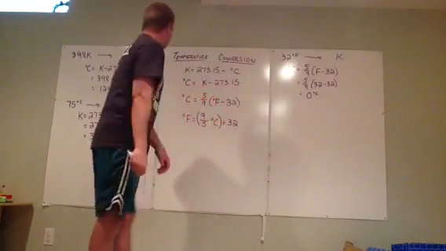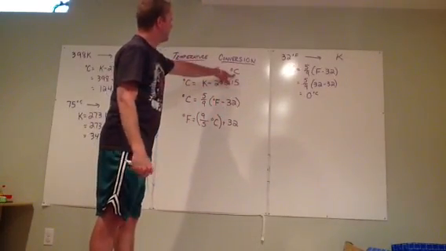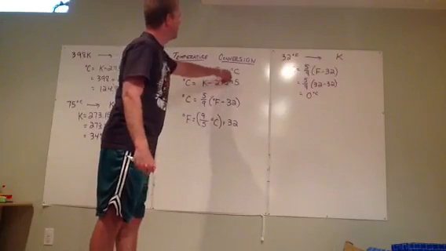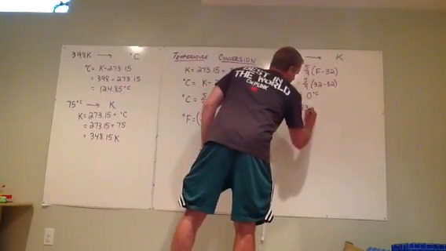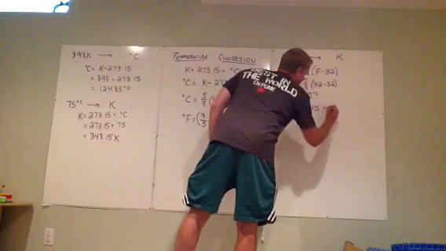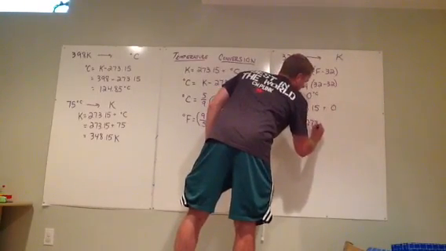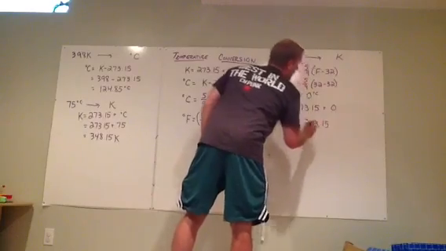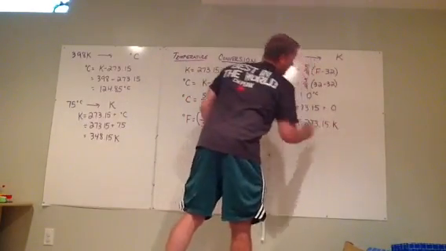So when I take a look at this, I say to myself, okay, I want to know Kelvin. Celsius is 0, 273.15 plus 0. Okay, so 273.15, just to be thorough, plus 0 equals 273.15. Now when we go to label this, no degree symbol, and K.